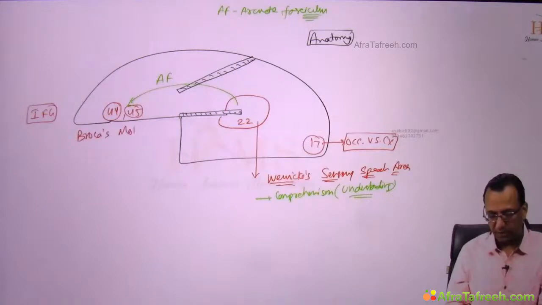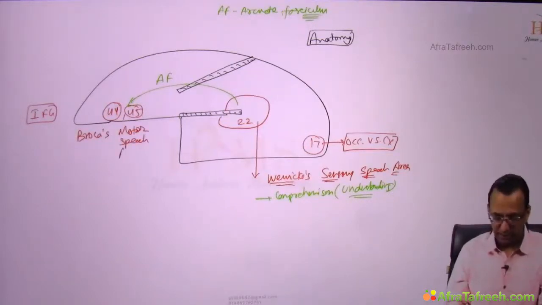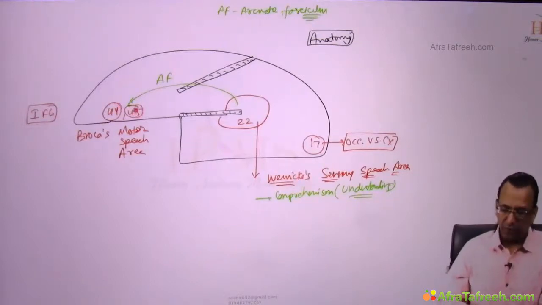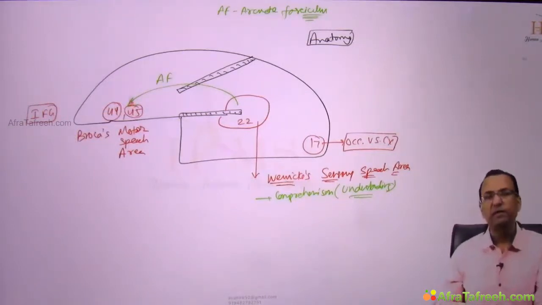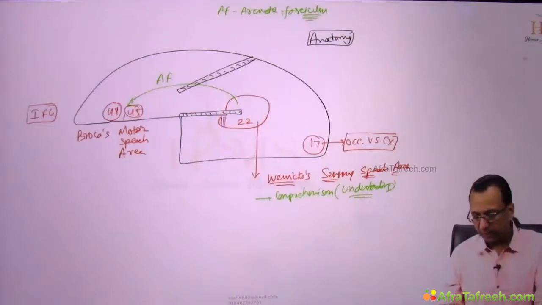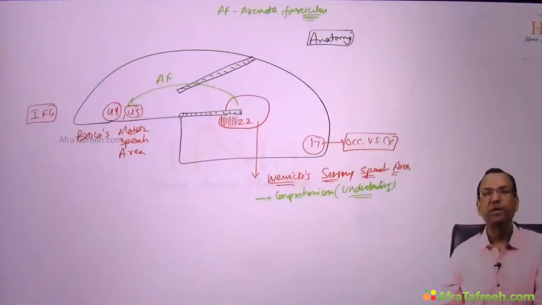Fine. Can you tell me where is the Wernicke's area then? Motor speech area is here. Fine. So area number 44, 45 is inferior frontal gyrus, understood. It is the Broca's motor speech area, understood. But where is the Wernicke's area? Actually, that is a controversy. But still you will follow Harrison medicine and tell it is the superior temporal gyrus. But if it is superior temporal gyrus, I already had something on the superior temporal gyrus already.